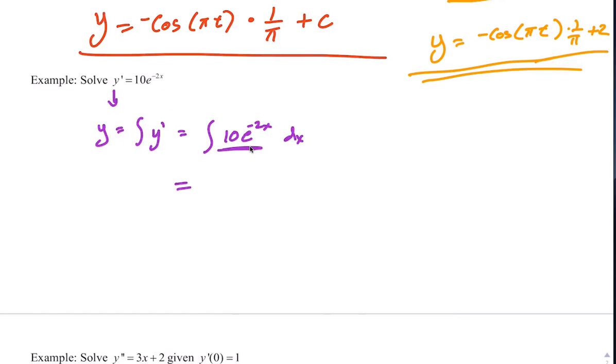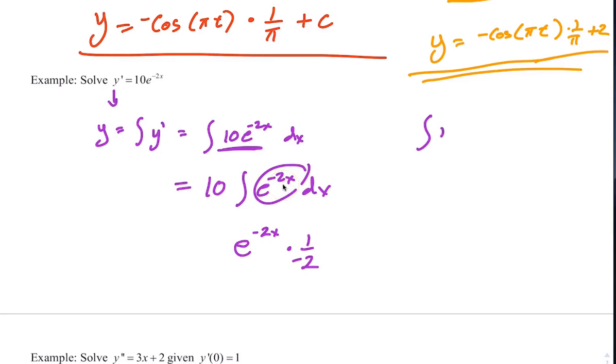Now, the 10, you can pull it out if you want. It's 10 times the integral of e to the negative 2x dx. This is a reverse chain rule. In a reverse chain, take the integral of the outside. e is just e, leave the inside alone, and then divide by the derivative of the inside. Just for a little review, reverse chain rule is you integrate the outside, leave the inside alone, and then 1 over the derivative of the inside.